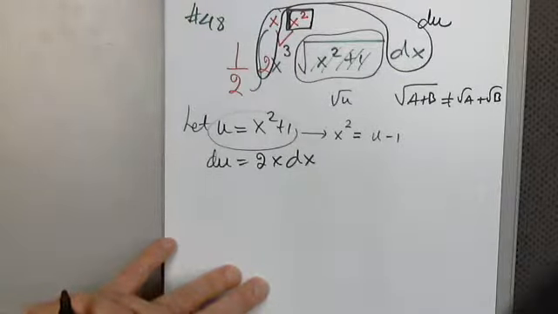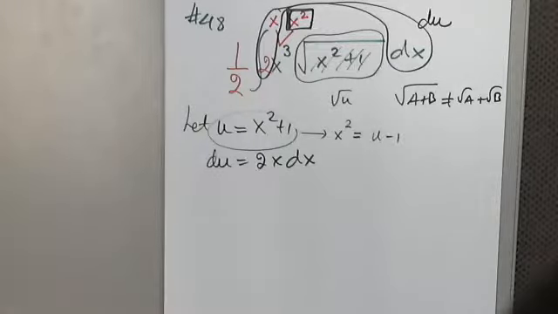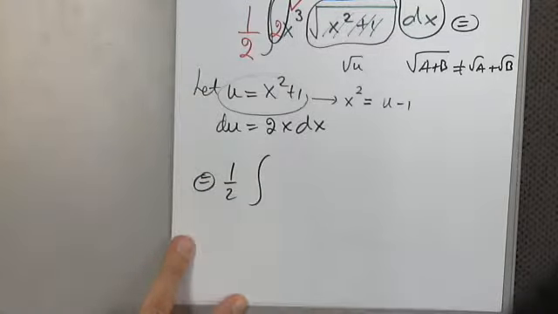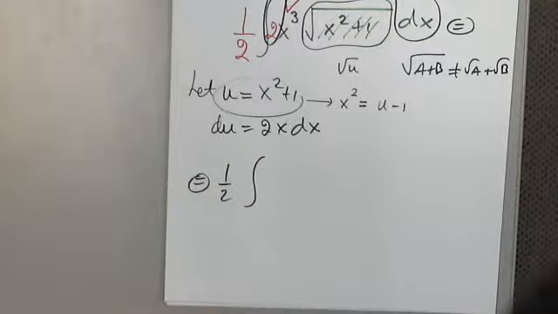So now I have all pieces changed completely from x into a new integral with u, which will be much easier to handle. So I have 1/2 in front. So now can anyone dictate the new integral in u?